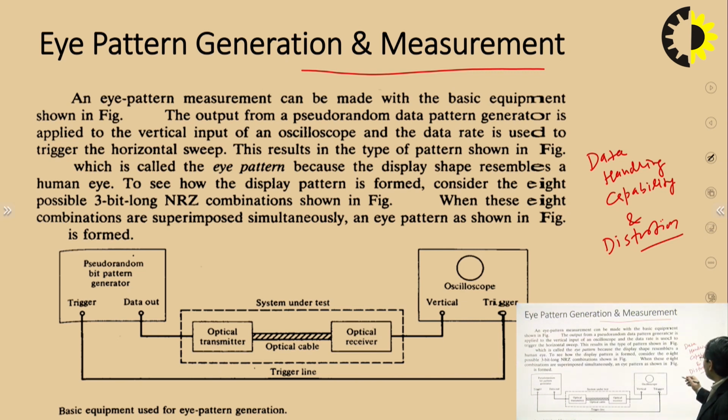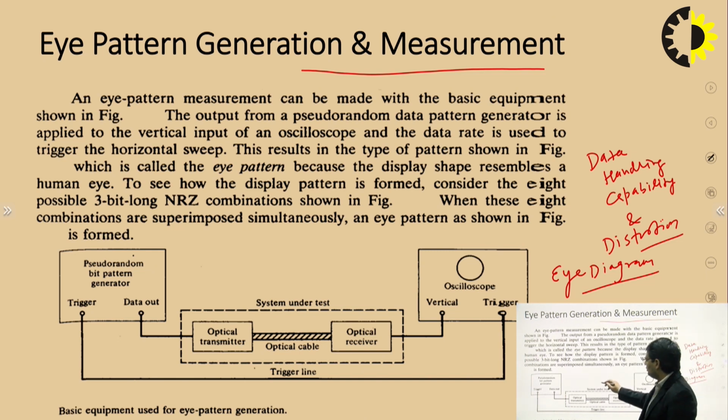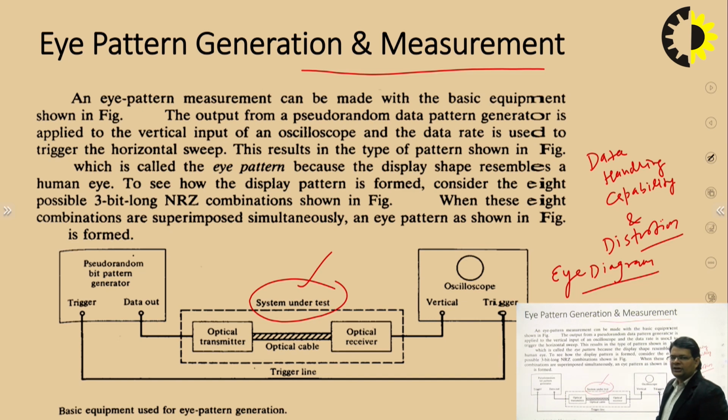Now, how can this eye diagram or eye pattern be obtained? Basically, eye diagrams can be obtained for the system whose performance is to be analyzed by directly connecting that system, the communication system under test, for example an optical communication system, with the standard BER test equipment.